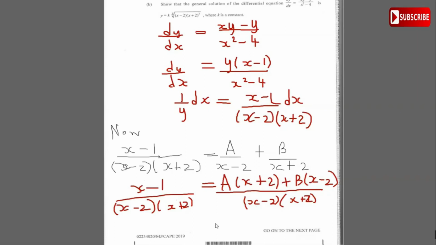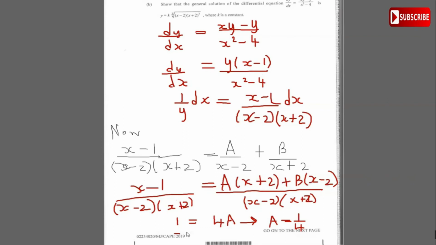So we get 4a is equal to 1, and so a is a quarter. Then if you make x be minus 2, you get minus 4b.